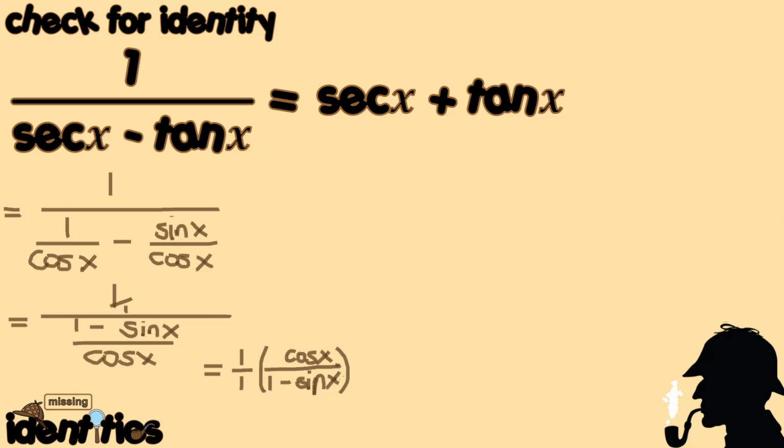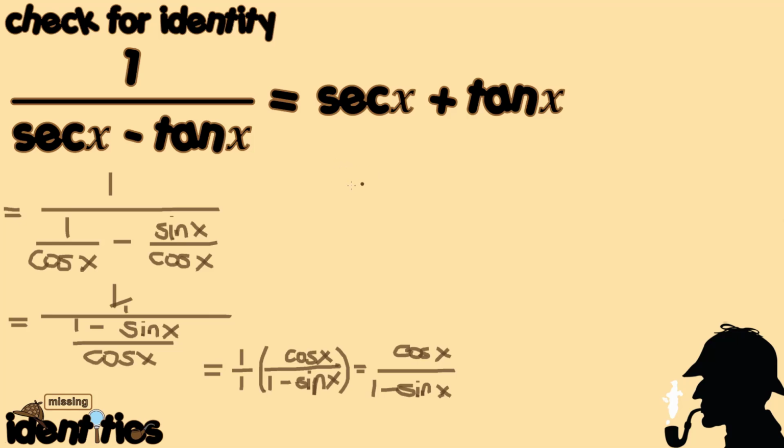This would mean the final form of the left-hand side would be, sorry, it's not 1, it is cosine x all over 1 minus sine x. Now, cosine x nor sine x can no longer be expressed in a simpler form, and we cannot achieve secant x plus tangent x.